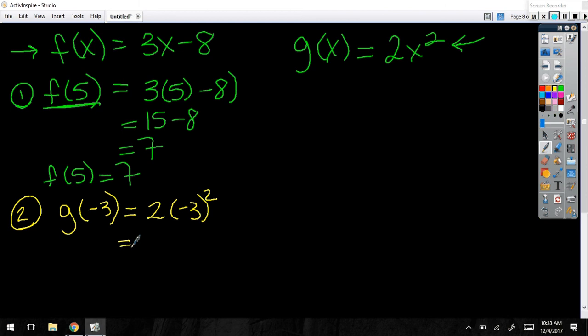So why can't you combine them first? Order of operations. Exponents definitely come before multiplication, so you have to square the negative 3 first.